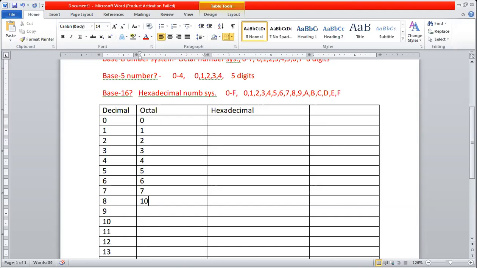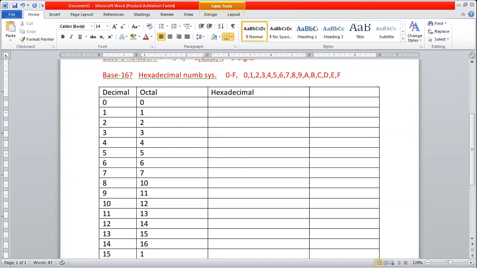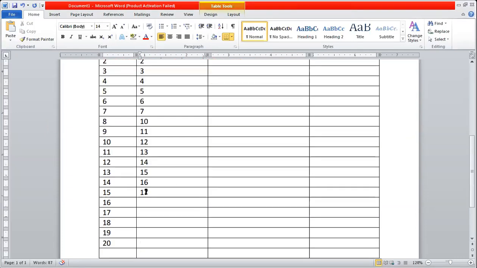So what comes after 7 here? It is 10. And then 11, 12, 13, 14, 15, 16, 17. Again, we have reached the end here. After 7 we don't have another digit. That is why we are going to mix now 20, 21, 22, 23, and 24.